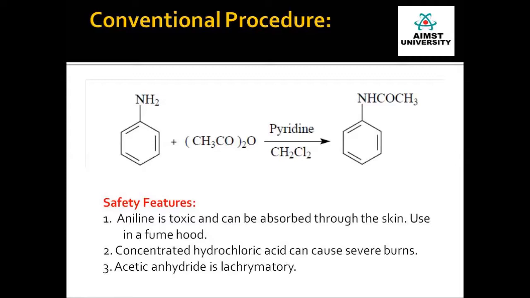Use it in the fuming cupboard. Concentrated HCl can cause severe burns. Be careful. Acetic anhydride is lacrimatory, so protect your eyes. These are the simple safety features we have to consider before starting the conventional procedure for the synthesis of acetanilide.